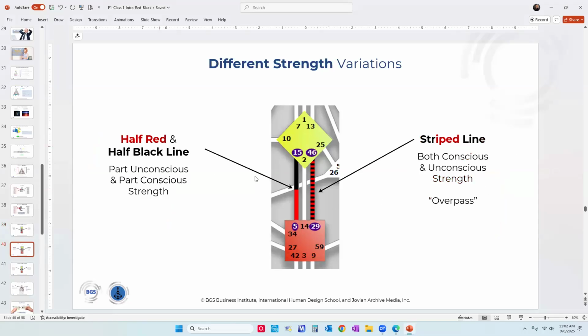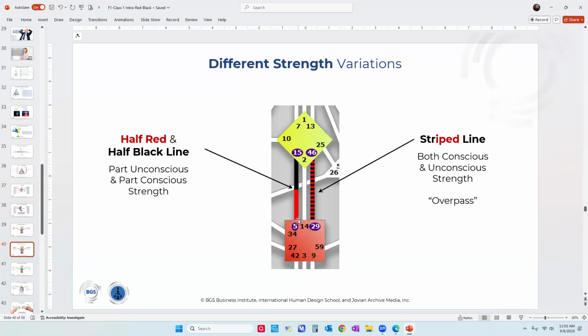We can have half red and half black, which is always very interesting. And depending upon which side the connection is on, it can just have a different kind of impact. So in this instance, this person's design would have the 5 unconscious and the 15 conscious.